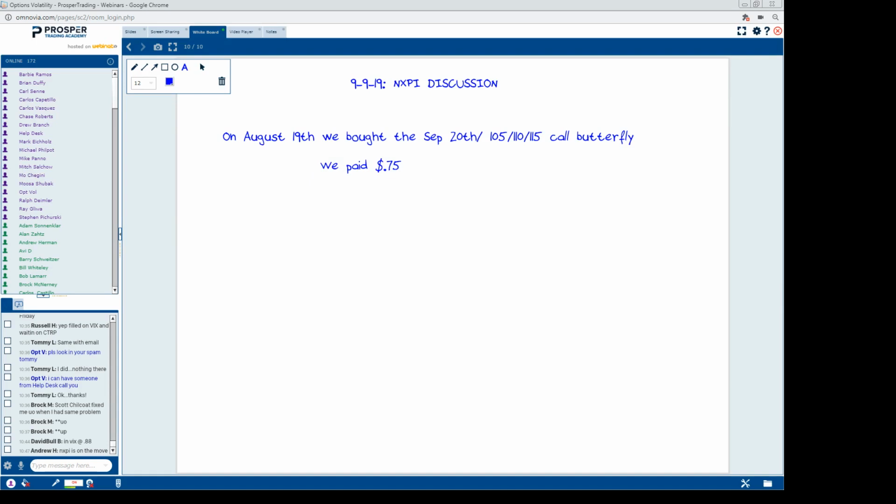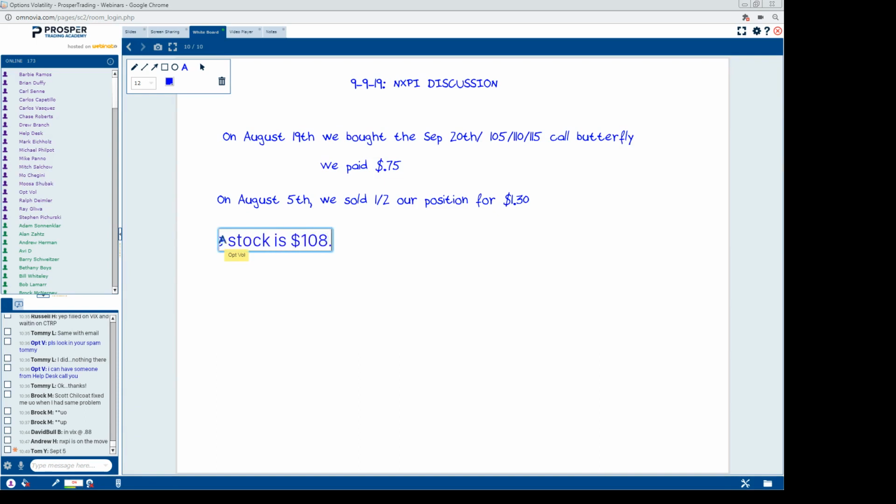Just last week on Thursday, we sent a signal and we got filled in. So on August 5th, we sold half our position for $1.30. Currently the stock is 108.5, and our butterfly is trading about $1.65.